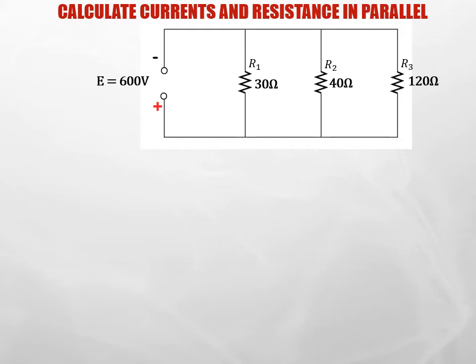I would like you to find each of the individual branch currents, the total current, and then using ET/IT/RT, calculate the total resistance. And then practice using the 1/RT formula to calculate the total resistance. I'll give you a couple minutes to figure that out.